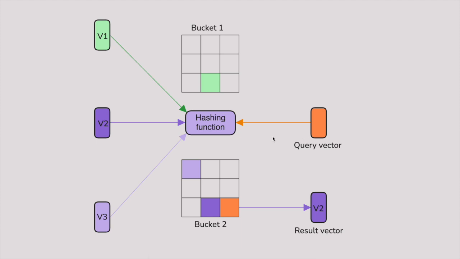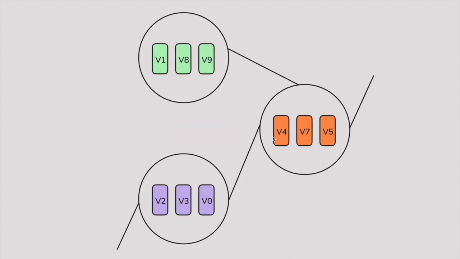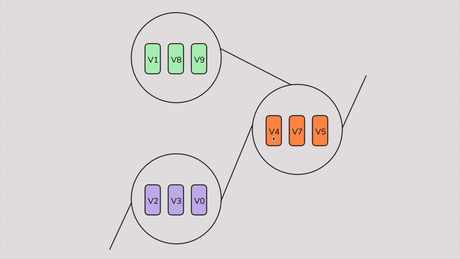And the last algorithm is based on graphs. The way it works is that as we load data in our database, we first group data together. So we run clustering algorithms on our data and create small clusters of vectors that have very high similarity.